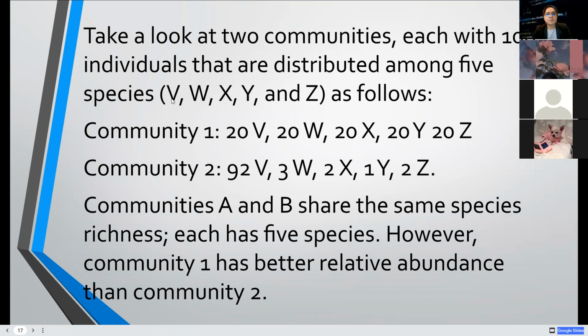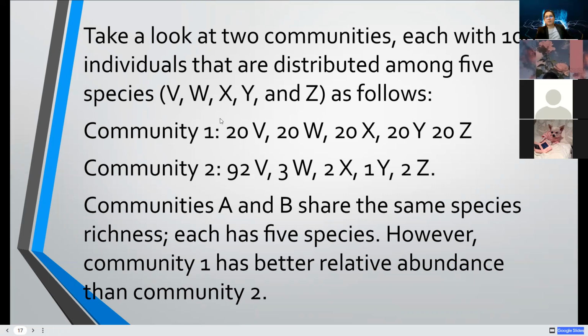Community A, or 1, has 20 V, 20 W, 20 X, 20 Y, 20 Z. It's equal, correct? Community B, or community 2 rather, has 92 V, 3 W, 3 X, 1 Y, and 2 Z. Communities A and B share the same species.